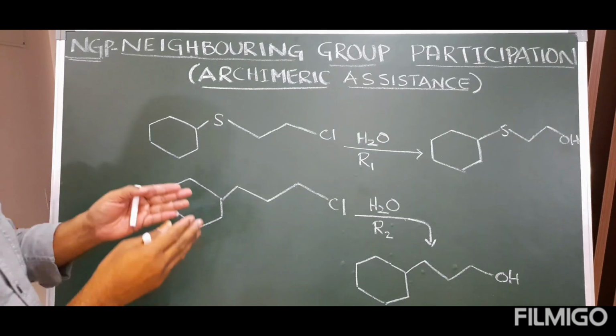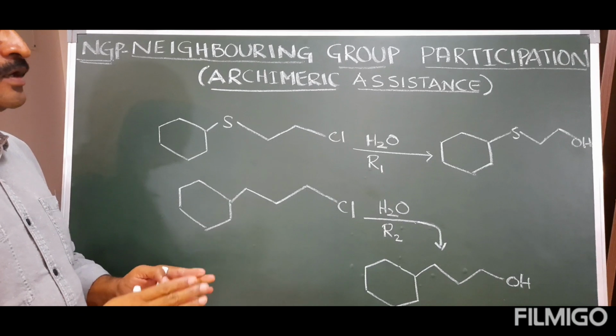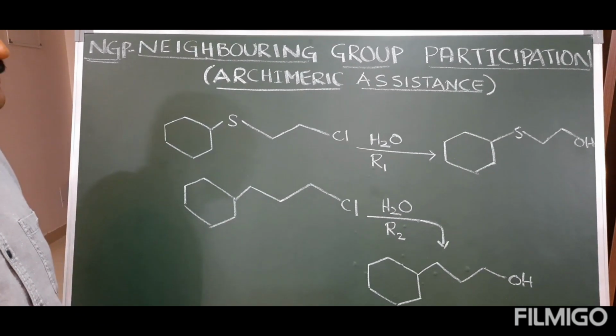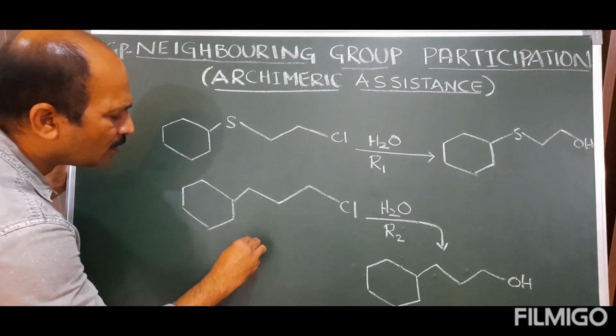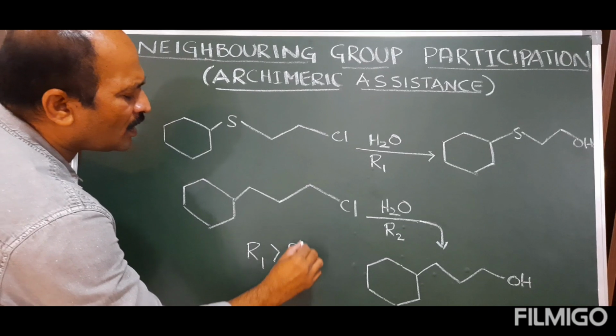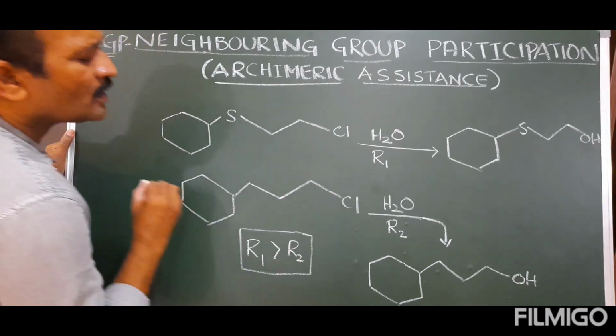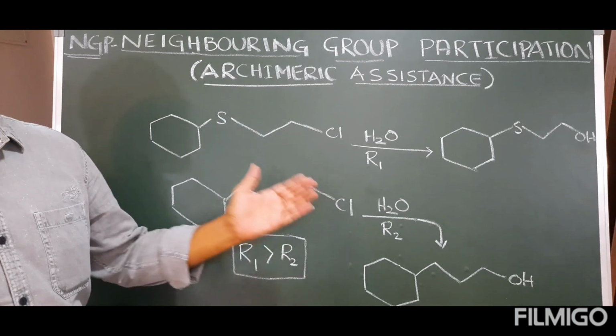In which case is the rate more: R1 greater than R2, or R2 greater than R1? On the basis of the experimental data, R1 is greater than R2. What is the reason? Why is this rate more and this rate less?